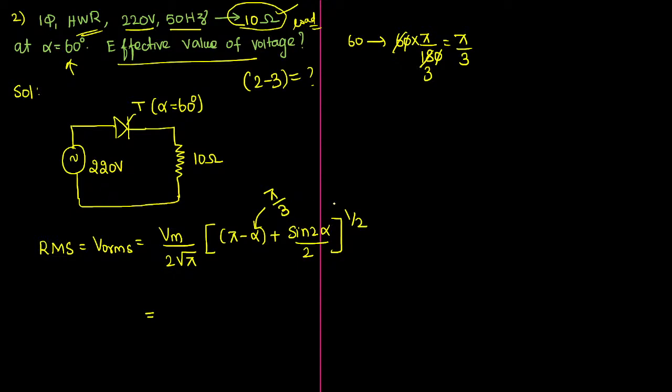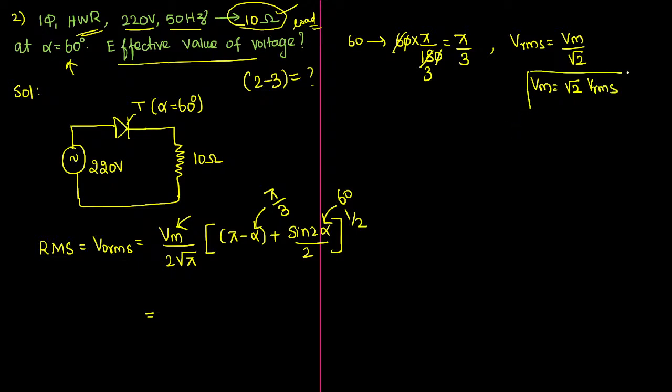You can substitute pi by 3 here. Here directly you can substitute degree value. So sine 2 into 60, sine 120 by 2. And how will you substitute the Vmax? Given it is RMS voltage. You also know the relation. Vrms can be written as Vmax upon square root of 2, or we can say Vmax equal to square root of 2 times of RMS voltage.